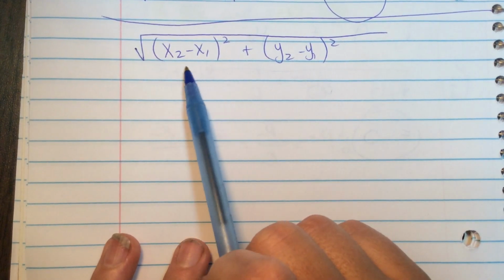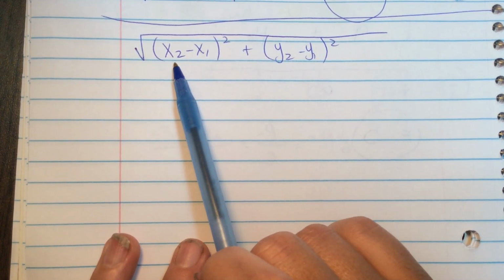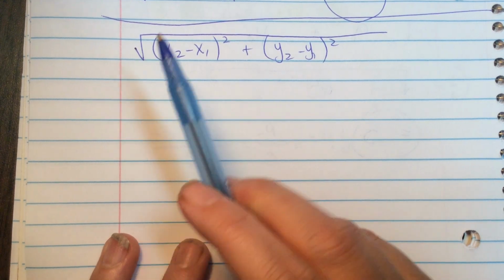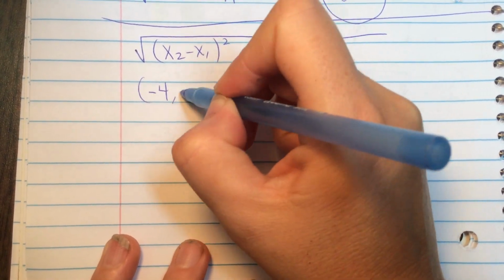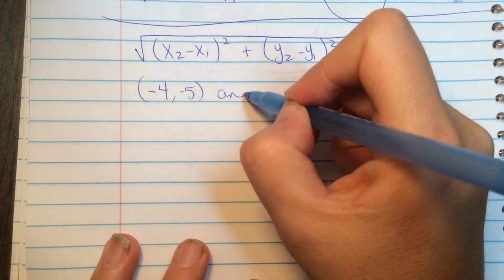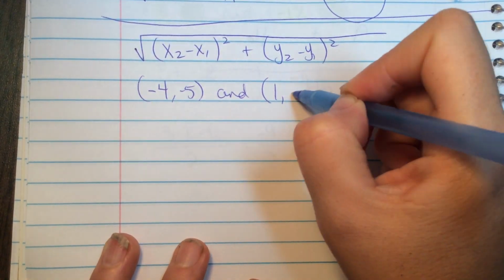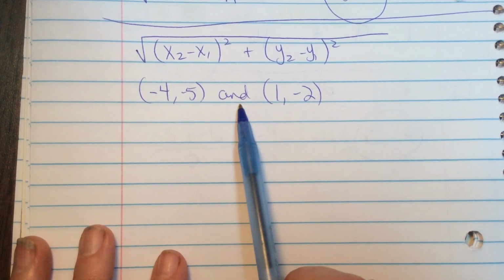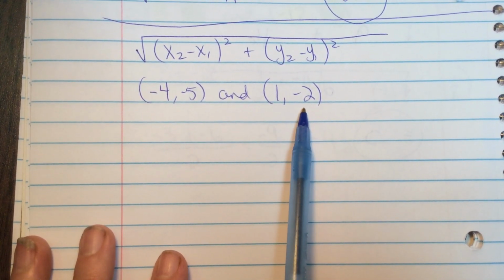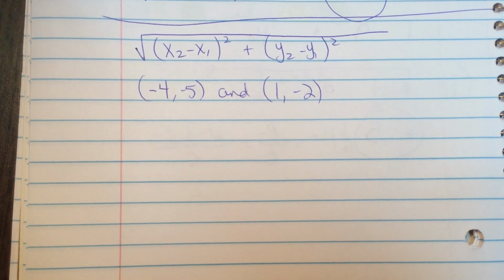And then my points, let's do some negatives. That way we have some more practice with negatives. So -4, -5, and 1, -2. So I'm going to highlight my x's.